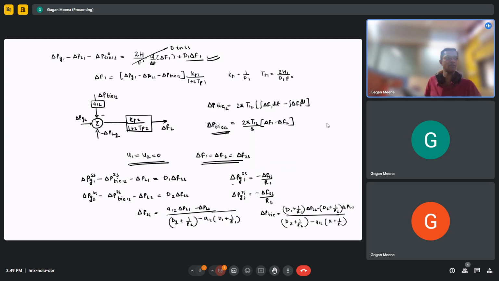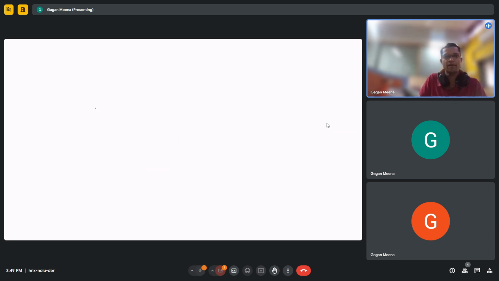Now here also, if we assume that there is a deviation in only area 1, that means PL2 is 0 and there is only delta PL1, so delta F SS will be A12 delta PL1 divided by (D2 plus 1 by R2) minus A12 (D1 plus 1 by R1).